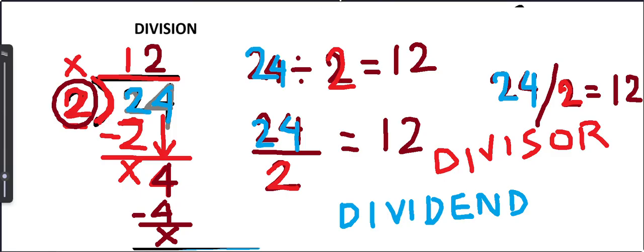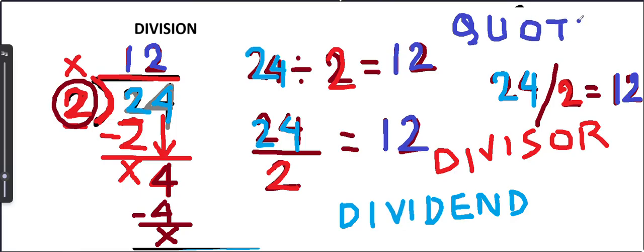And the final answer which we got here, which is the 12 over here, the 12 over here, and the 12 over here, that is called quotient. I'm sorry. Okay. Q U O T I E N T. So that is called the quotient.